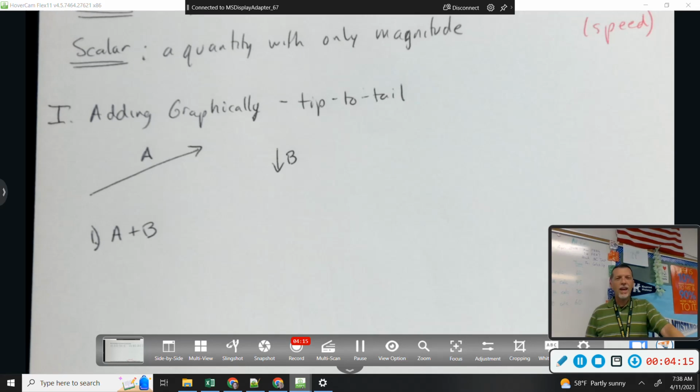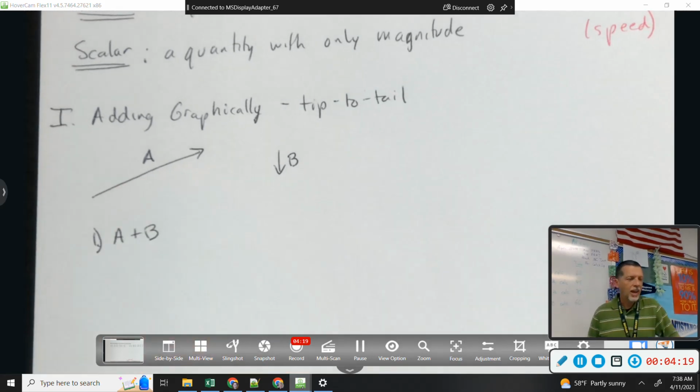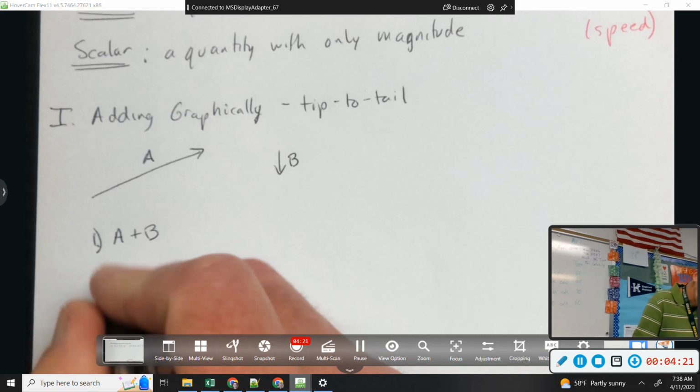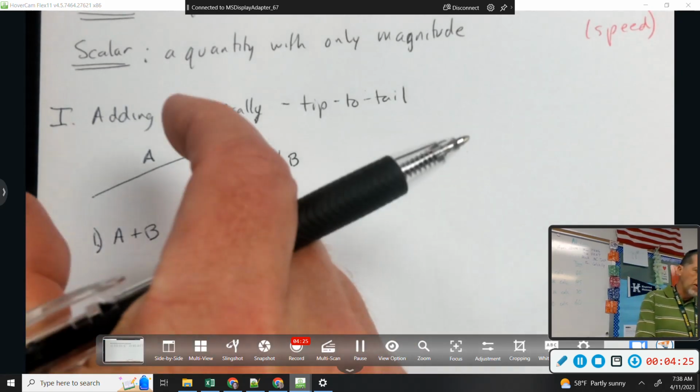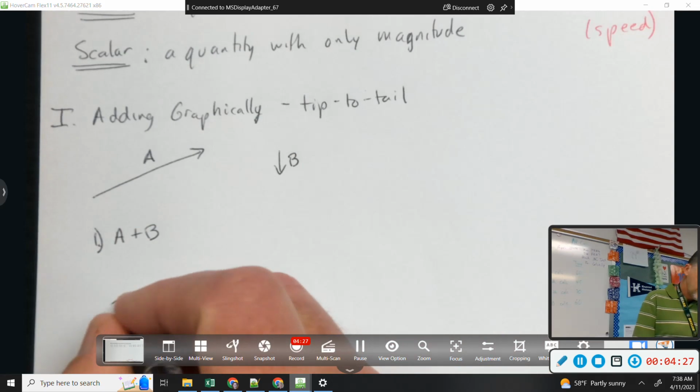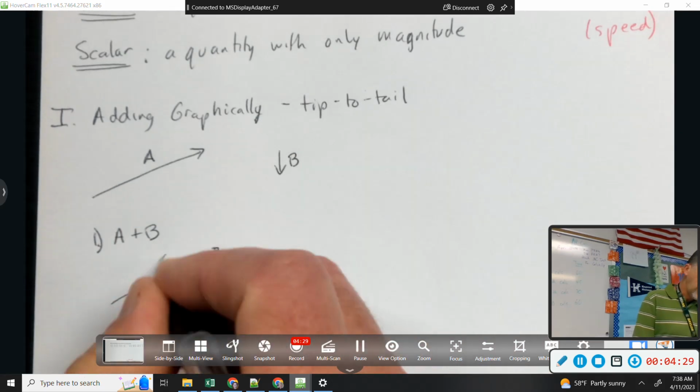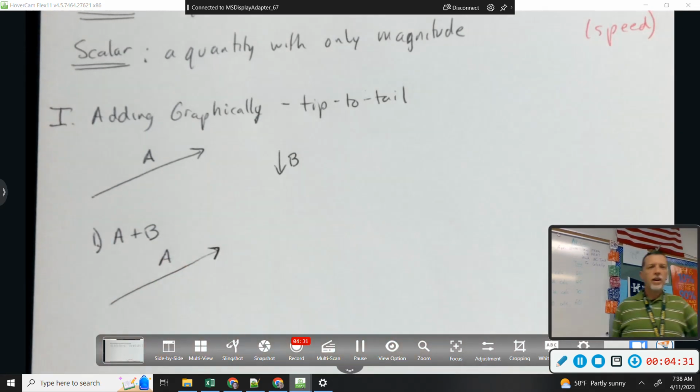You travel A and then you travel B, but you don't do B until you get to the end of A. So let's draw A, and again, no protractors or rulers. We're just eyeballing. A looks like that, so that looks like A to me. The same length, parallel, pointing the same way.